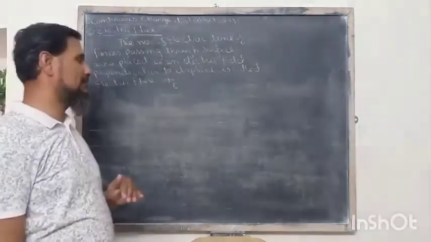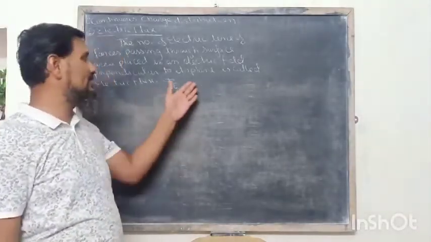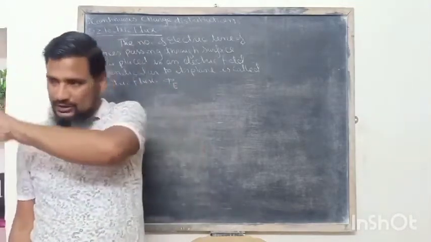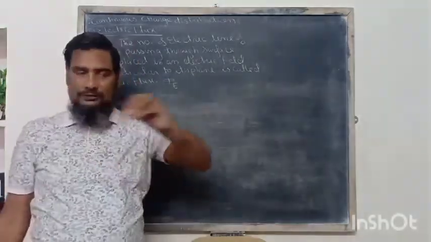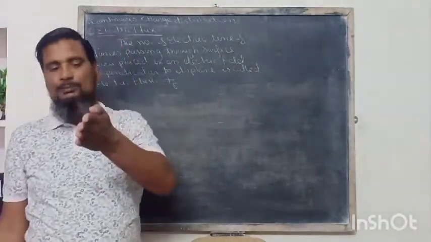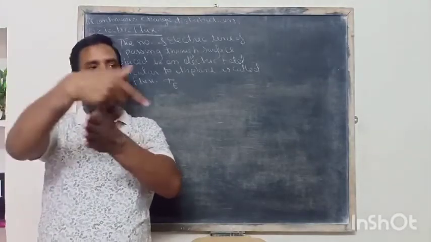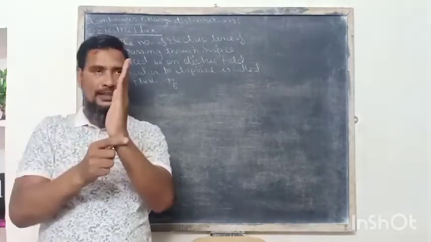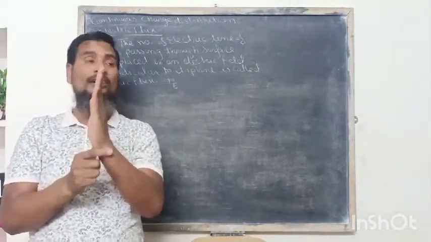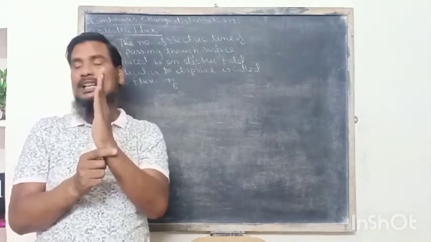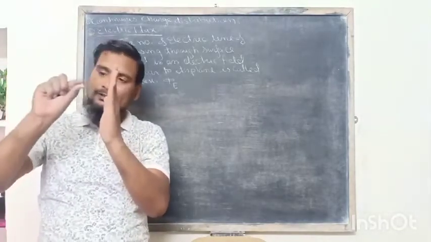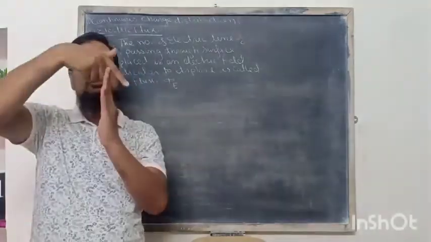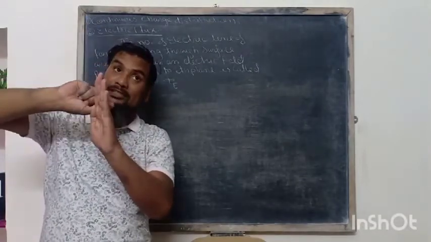Now we shall discuss the dependence of electric flux. Suppose this is an electric field, means electric line of forces are passing through this, and when I put my palm, then some electric line of forces pass through this palm, and this is called electric flux. If the electric field intensity is greater, electric line of forces will be closer to one another, more lines pass through it, so the electric flux will be greater.